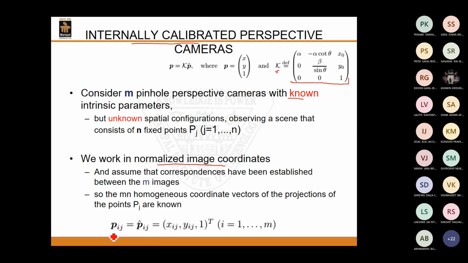Since we are working with normalized image coordinates, our general expression p_ij would be equal to p hat_ij. P is going to be equal to p hat because we are going to work with only the normalized image coordinates. So wherever we are representing the notation p, that represents p hat, because this is an internally calibrated camera.